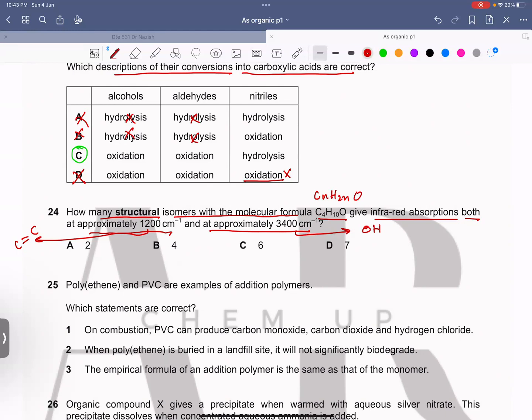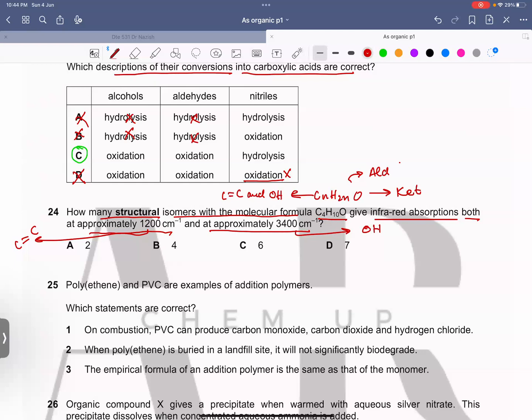So if it's CnH2nO, then it can be an aldehyde, it can be a ketone, and it can be a compound having a carbon-carbon double bond and OH.